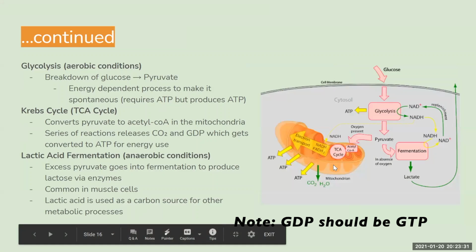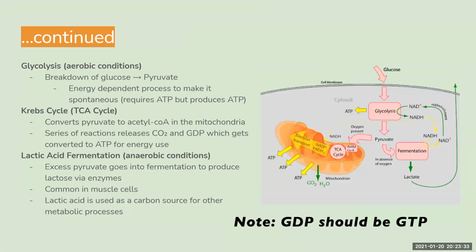So glycolysis occurs in aerobic conditions, which means it requires oxygen, and it's the breakdown of glucose into pyruvate. This is an energy dependent process, so it requires some ATP to get started, but it does produce ATP. This is a spontaneous process with the use of energy coupling and enzymes that are involved.